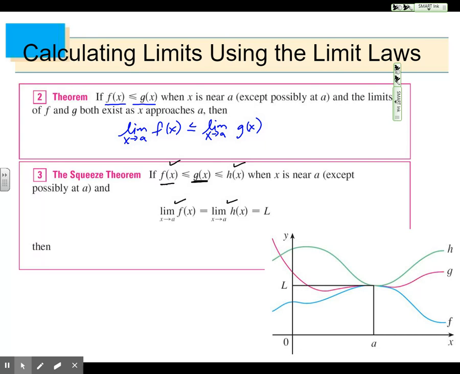If we're calling it sandwich theorem, we could take the limit of the bread, and we could find that it's equal to L. If they're both equal to L, then the limit as x approaches a of g of x is equal to L.